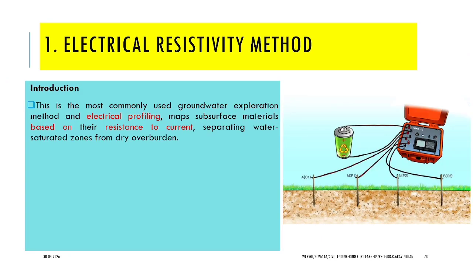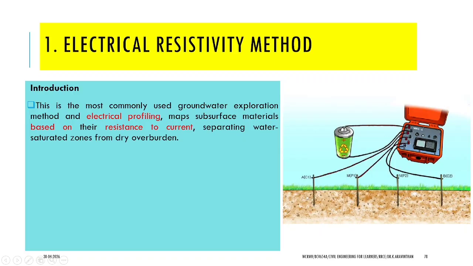Next thing, the electrical resistivity method. This is the commonly used method to identify groundwater. There is an advantage in this method: mostly it gives the best result for groundwater detection. Its principle is to send current through these two probes, and these two are receivers.